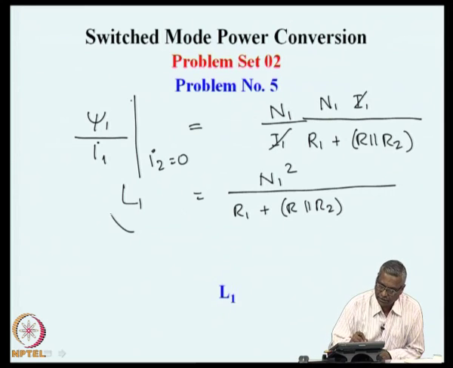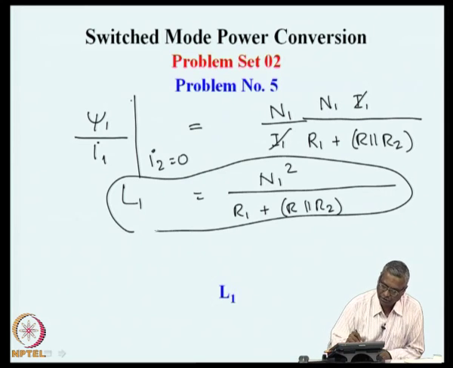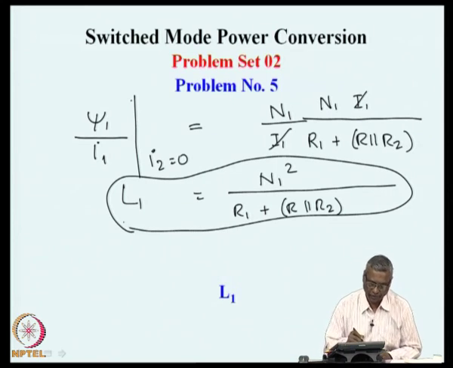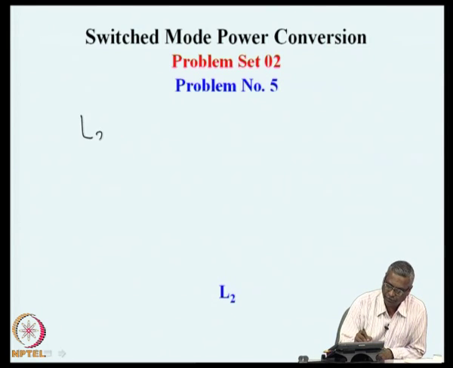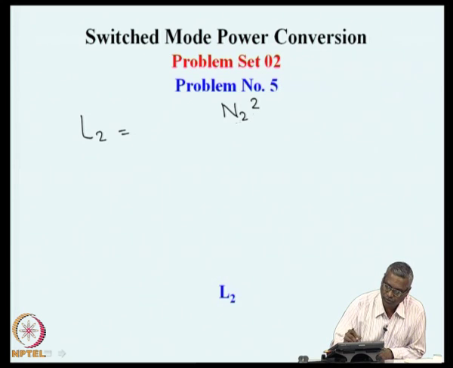So, this is the expression for L1, and in a similar way, if we find out the expression for L2, that will turn out to be N2 square divided by R2 plus R parallel R1.